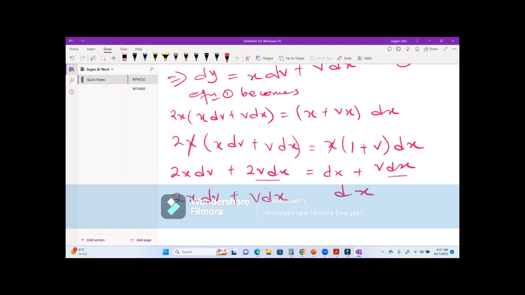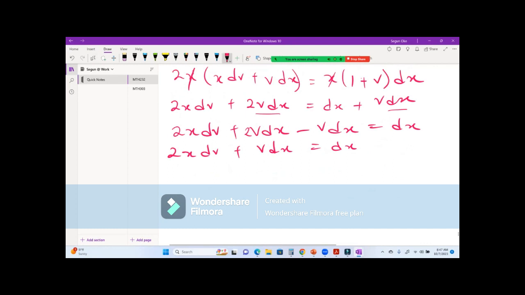Okay, it's not clear to you. Let's do it this way. Take this one back here, minus v dx equals to the x. So you can take this one, it will now be 2x dv plus v dx equals to the x. So what do I have at the end of the day?